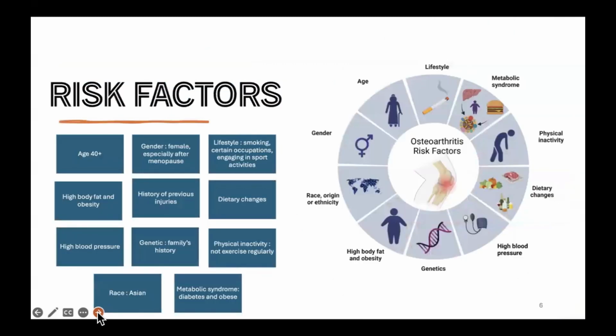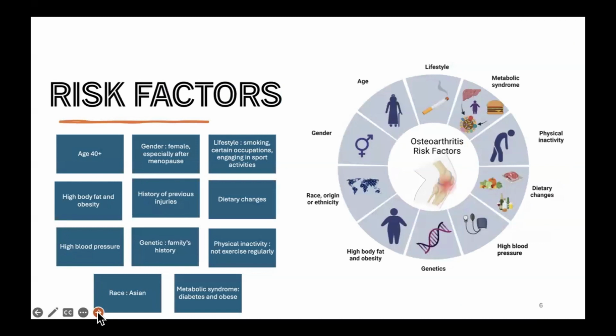Let's explore the factors that increase the risk of OA. There are various factors that contribute to this condition, and I am going to focus on the most prevalent ones. Age plays a significant role, particularly over 40. The older you get, the higher the risk, especially for post-menopausal women.